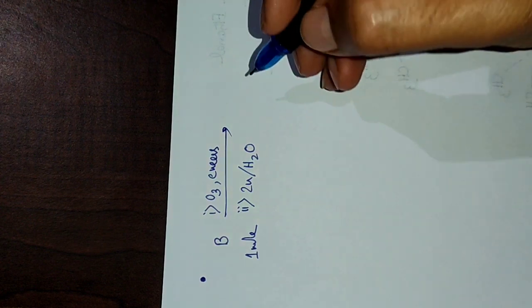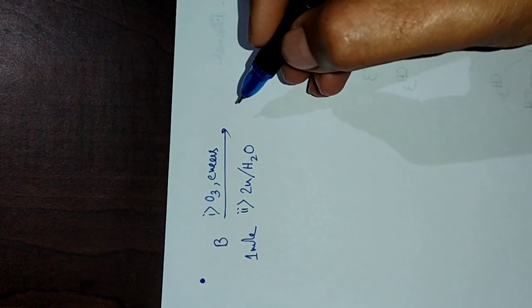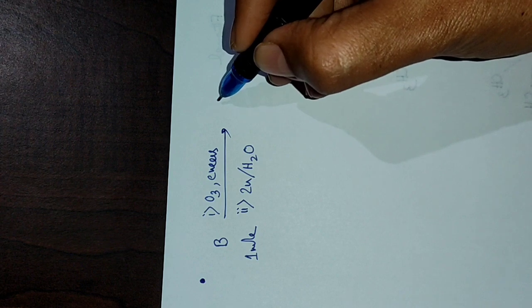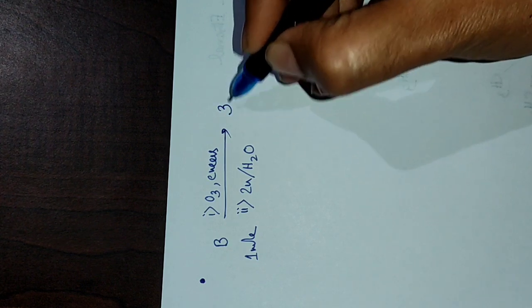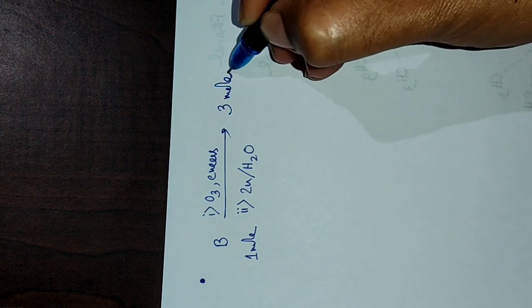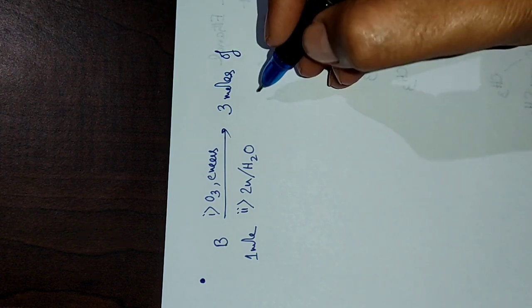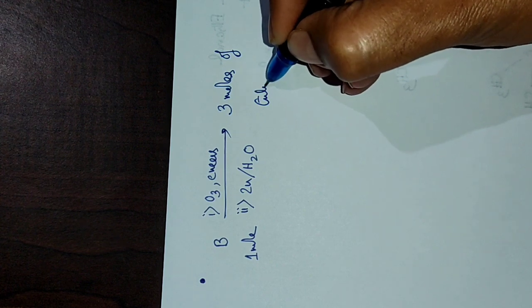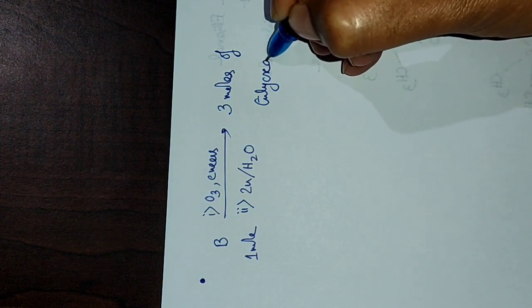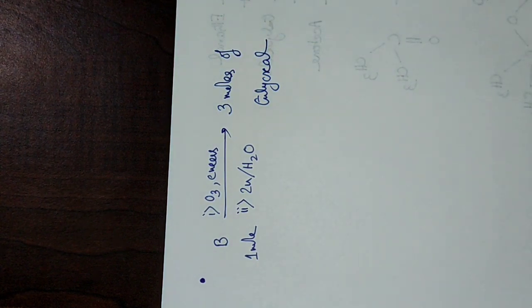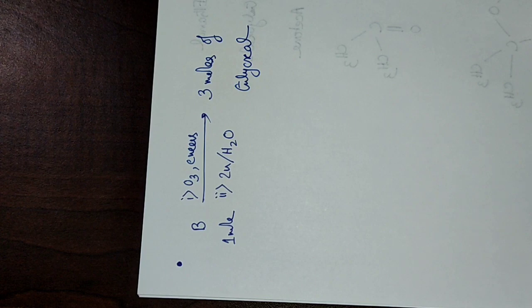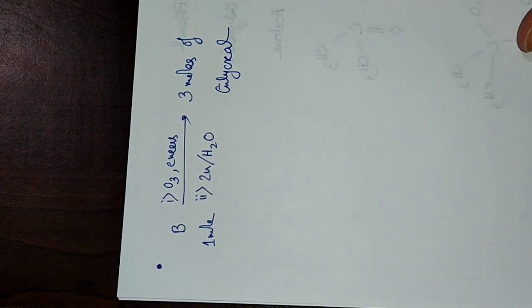And it is found that glyoxal is the only product and it is in 3 moles. So we have 3 moles of glyoxal only. Now what is the structure of B? This is our quest.